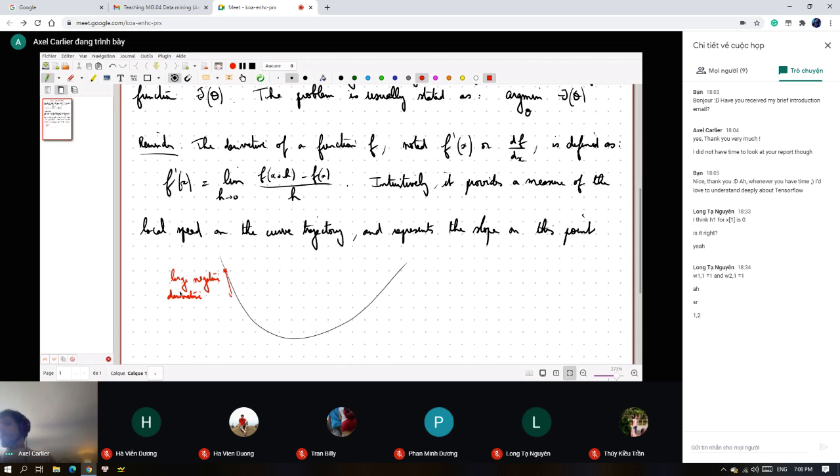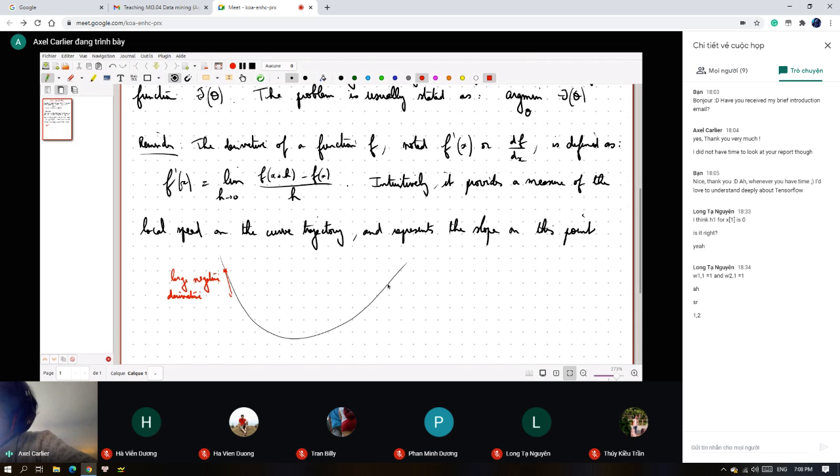Because if you look at f of x here, if you add a small h to x, you arrive around here. So f of x plus h is inferior to f of x. So if you compute this, you get something that is negative, and that is quite large because the difference between this and this is quite big.